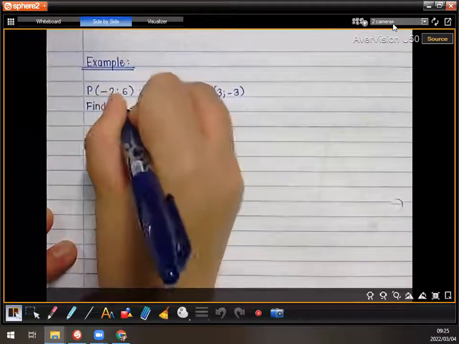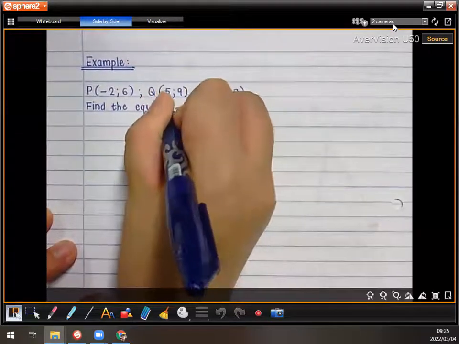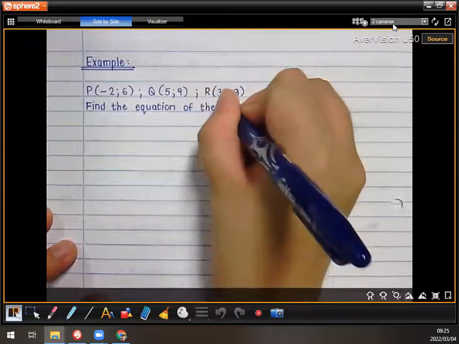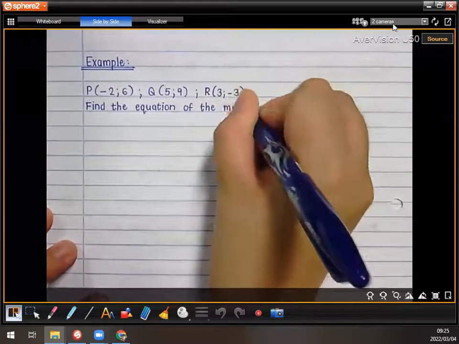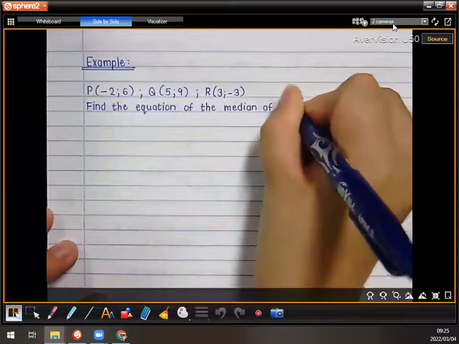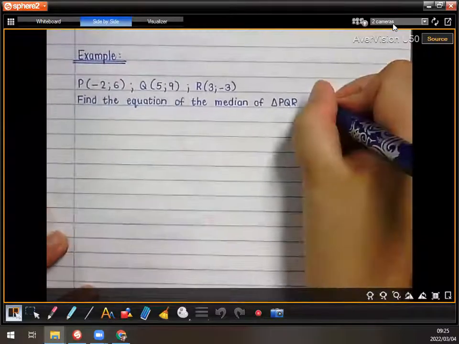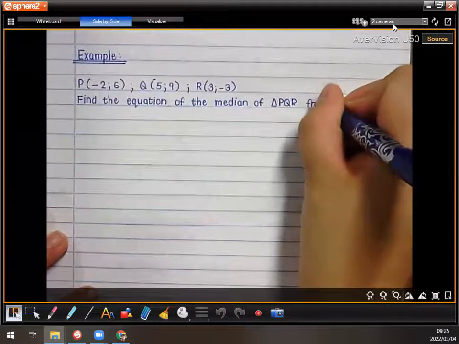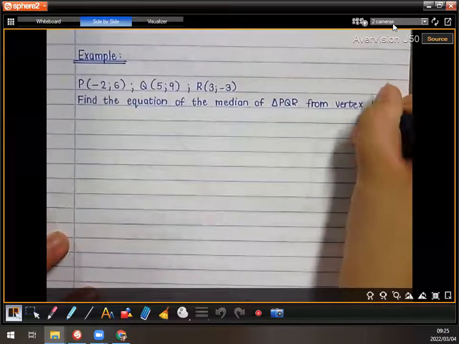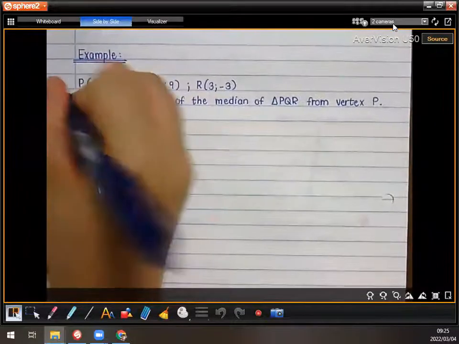Find the equation of the median of triangle PQR from vertex, you can also say from point P. Let me say that as number one.